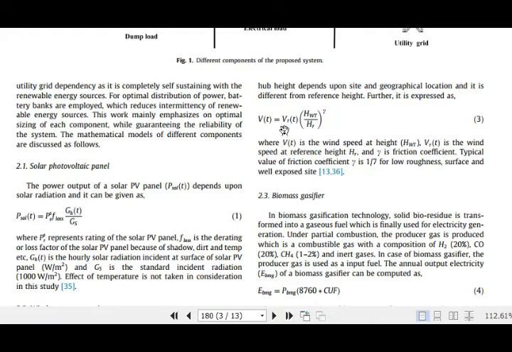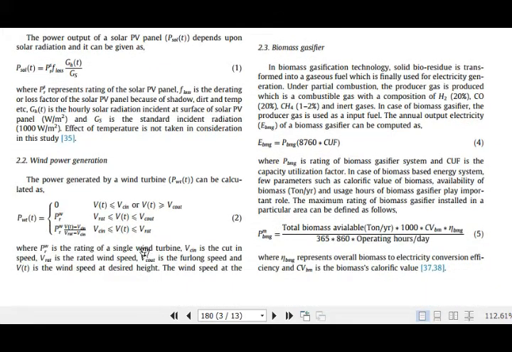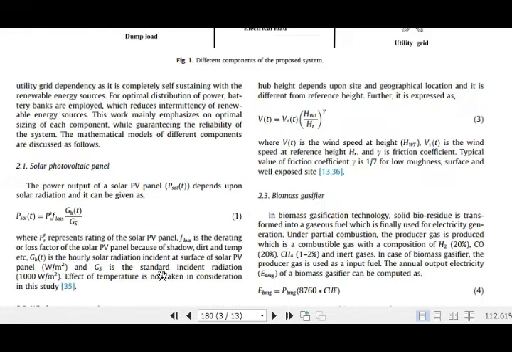At a different height than the standard hub height, if you are changing the hub height, then the formula will be: V rated velocity multiplied by the wind turbine height divided by the reference height, raised to power gamma.